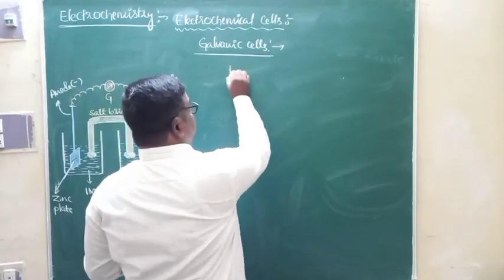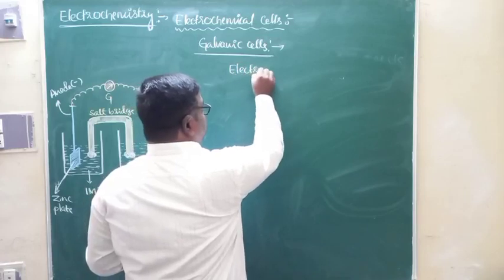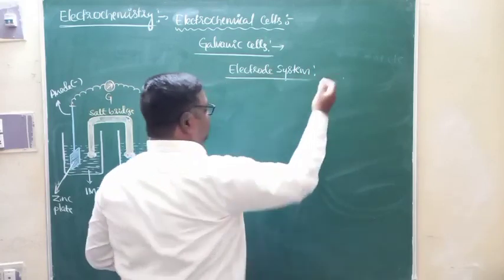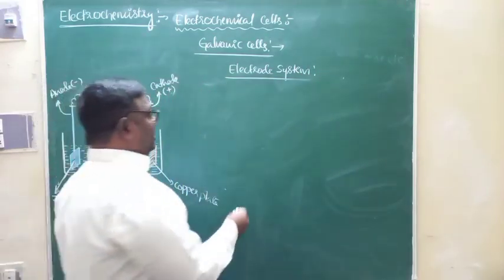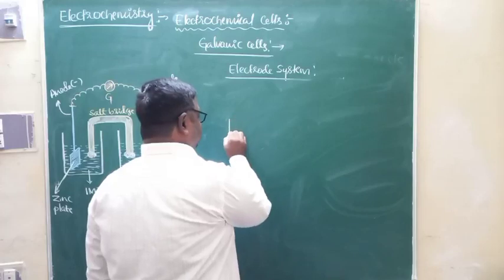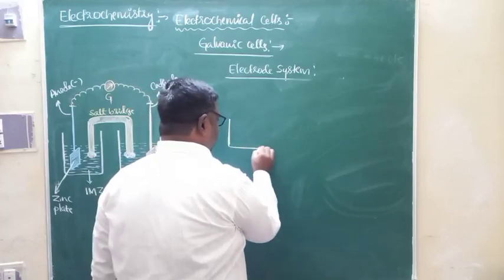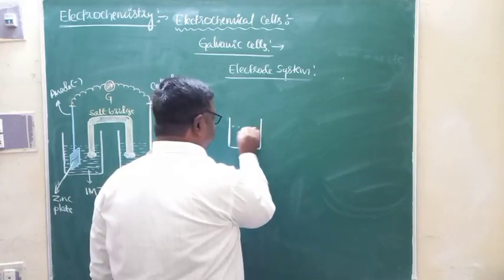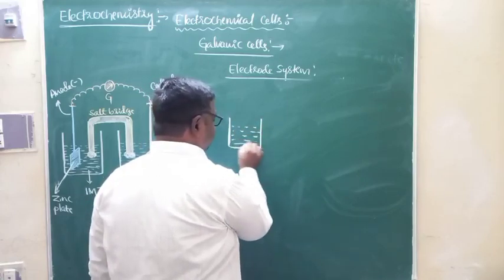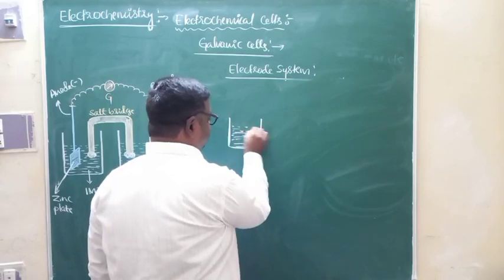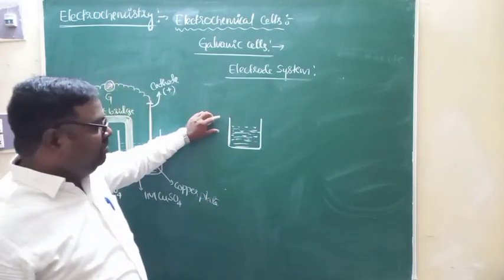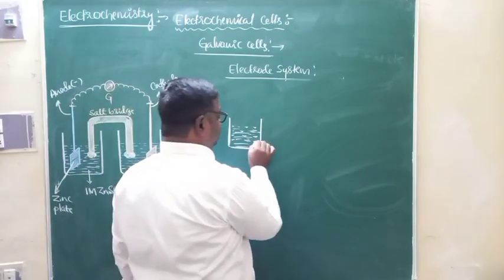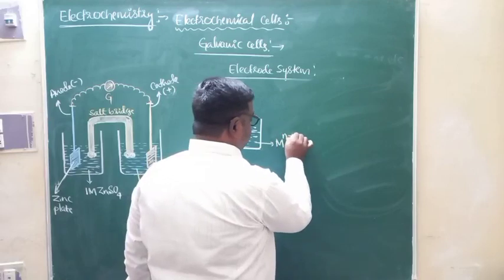And as far as electrode system is concerned, or you can call it electrode, in galvanic cells, electrode system refers to the system where a metal or element is placed in a solution containing its own ions. Just imagine a beaker made out of glass or plastic, a vessel containing a solution with ions like M n plus ions.